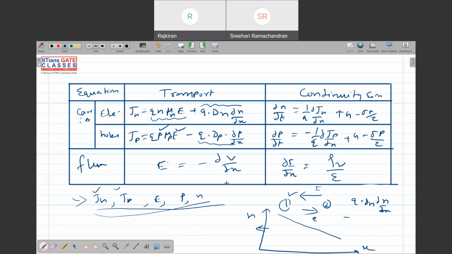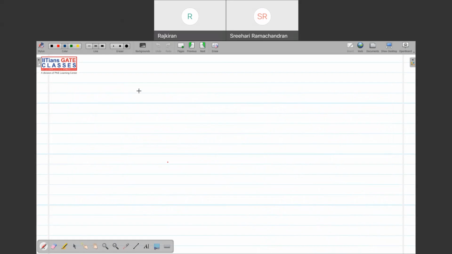Before leaving this topic, I want to mention one more thing. The transport equation you have seen: Jn is equal to q mu n n into electric field plus q Dn dn by dx.